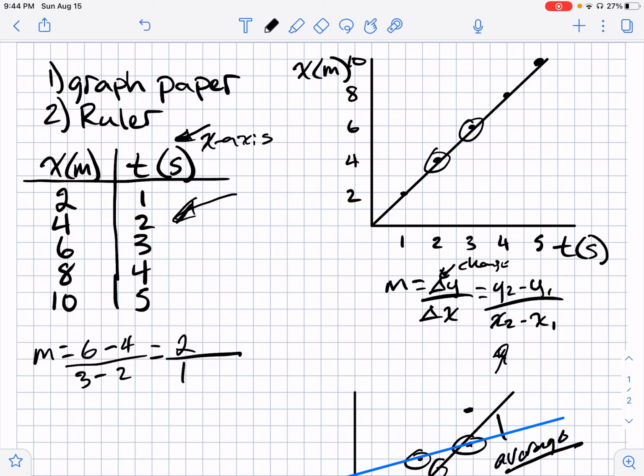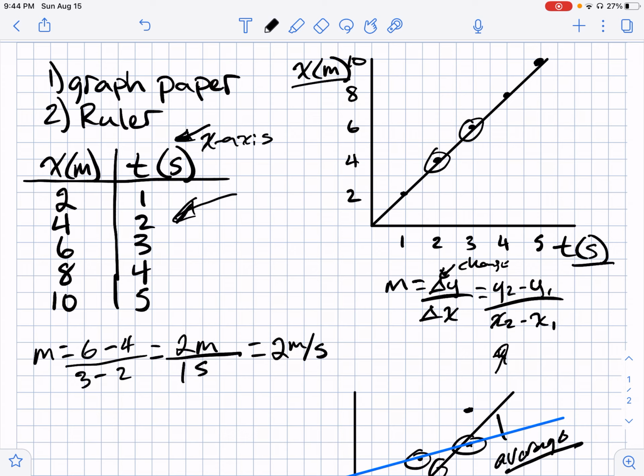Now, here's the thing that's also different than math. The x and y actually mean something, they're not just numbers, so you want to make sure you include the unit. My y, we said, was meters, so this should say 2 meters. And my x was seconds, so I'd want to say 1 second. You always want to include your units here, and that would give you 2 meters per second.